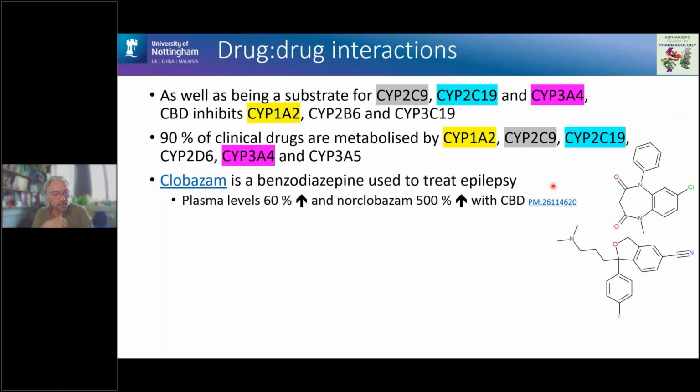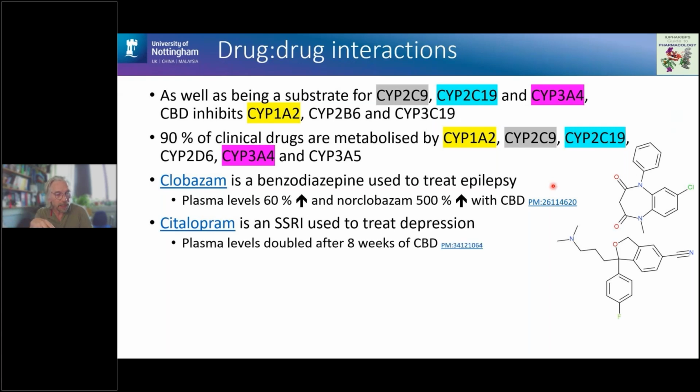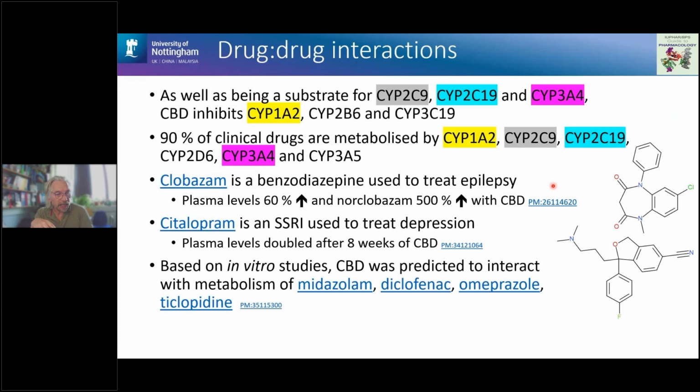But it's not just benzodiazepines. Citalopram, a serotonin selective reuptake inhibitor used to treat depression, can also be modified after treatment with CBD. And there are in vitro studies that predict a wide range of different structures and drugs used for different indications, from treating excess gastric acid production to pain relief, can be interfered with by CBD.